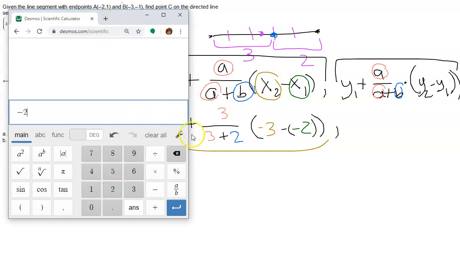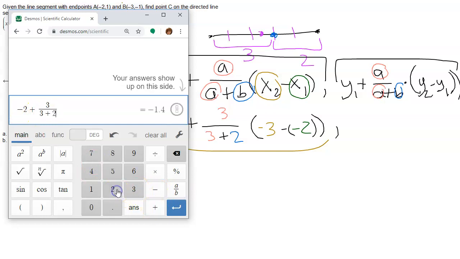Then it is plus the 3 over 3 plus 2. We have a fraction button, so we hit the fraction button and put the 3 on top, 3 plus 2 on the bottom. Then we have times this parenthesis, -3 minus -2.